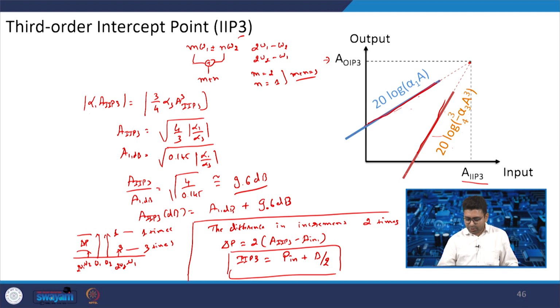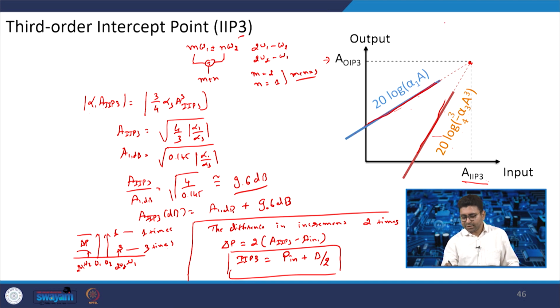This is the gain of third order, which is increasing by 3 times, and this is the gain of first order, which is increasing by a single time. When both asymptotically meet at one point, that point at the input side is called the input IP3, and at the output side it is called the output IP3.